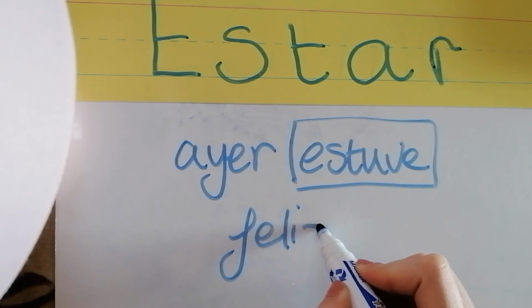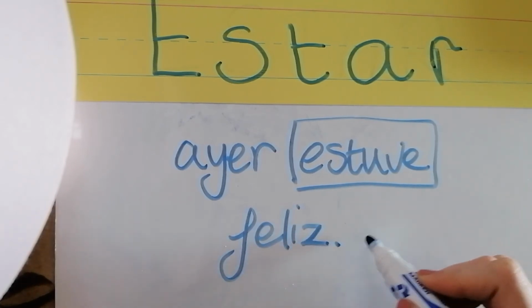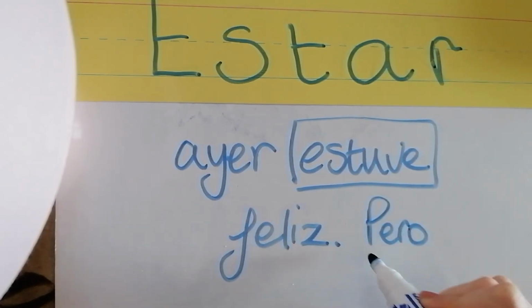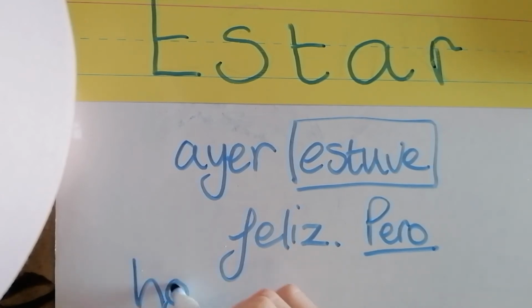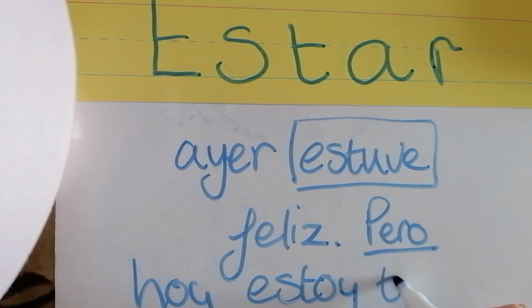So yesterday I was happy, pero, however, hoy estoy, because we're using the present tense now, triste. So emotions are something that can change all of the time. So yesterday I was happy, today I am sad.